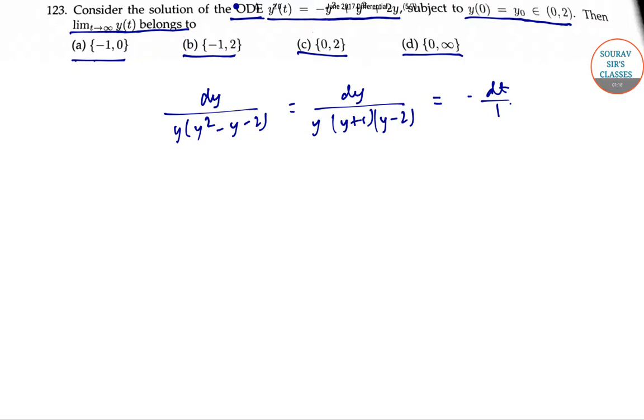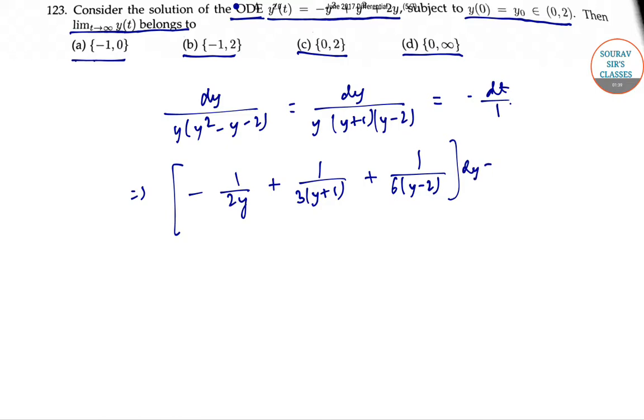Further, we can write this as (-1/(2y) + 1/(3(y + 1)) + 1/(6(y - 2))) dy = -dt by 1.